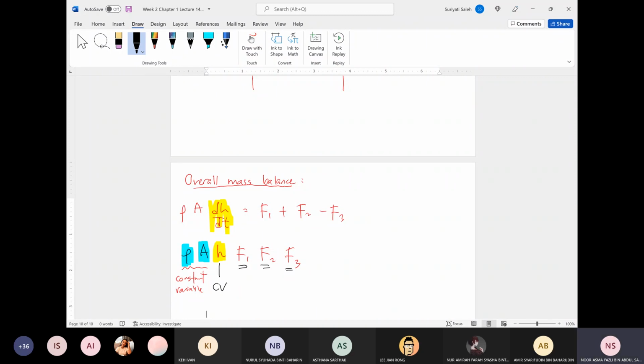Now our control variable is the level. So which variable should be selected as our manipulated variable? Note that a manipulated variable means the variable that we can use to help or assist our control variable H to maintain its value.